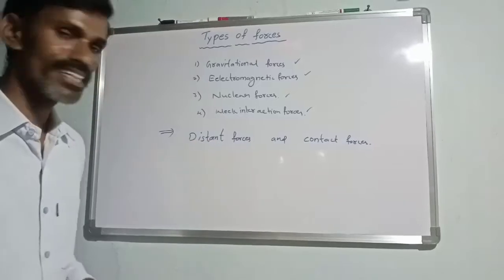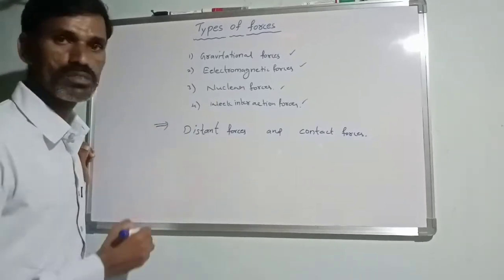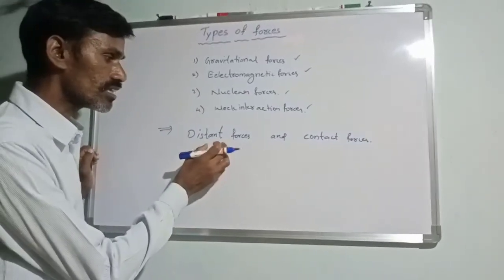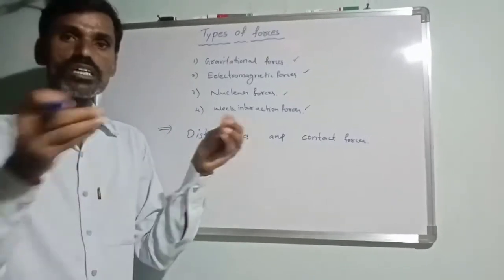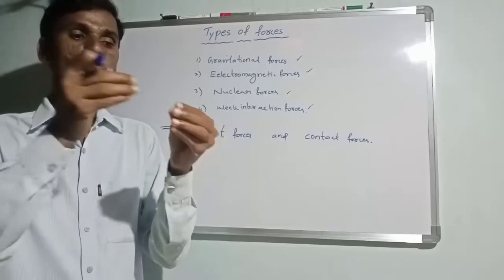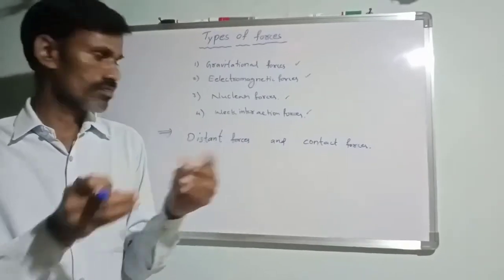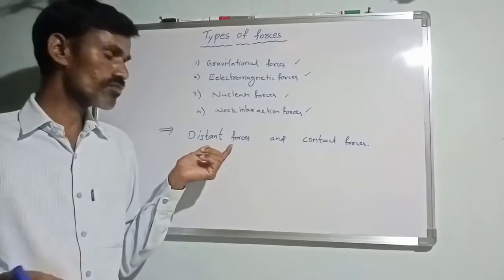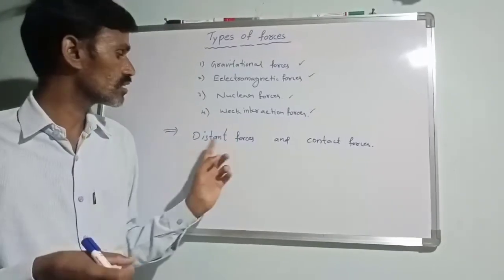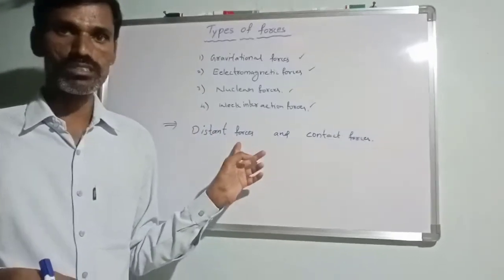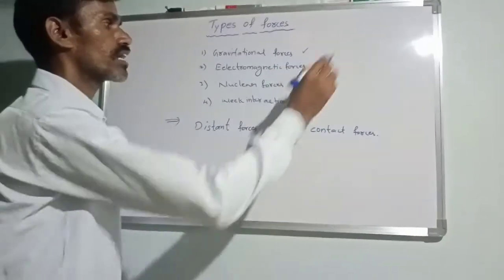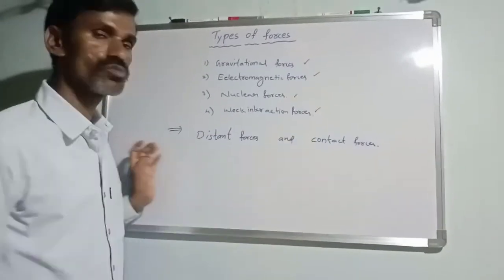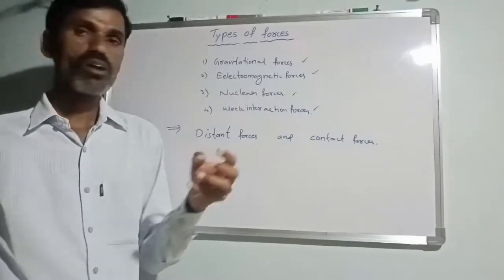Distant forces means that two or more objects are not required to contact each other, and the force between those objects is taken as a distant force. For distant forces, gravitational force, electromagnetic force, and nuclear force are examples.